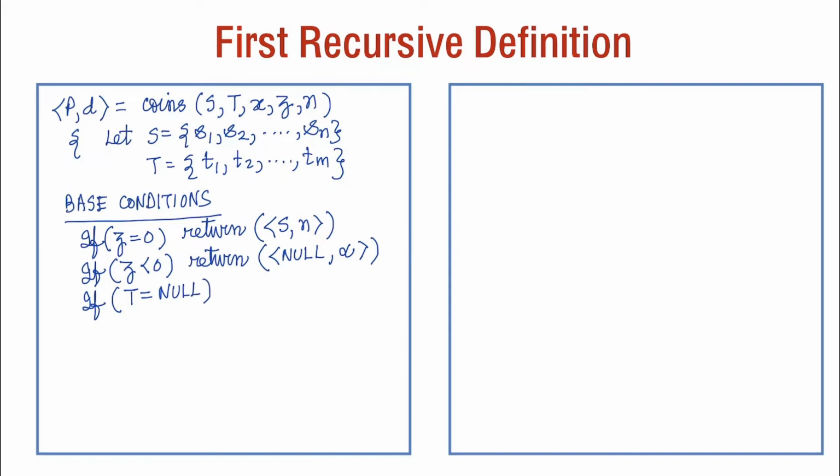If we reach the point where T is null, we know that z is positive, because z is not 0, z is not negative, but T has become null.